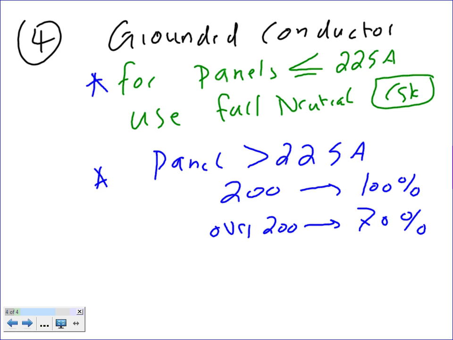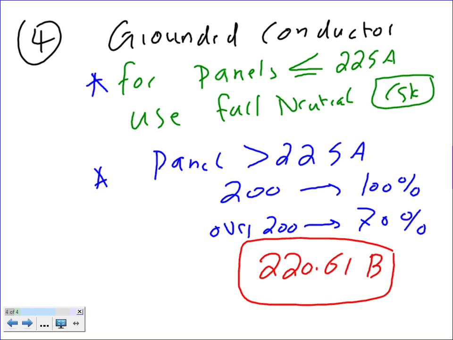I have to write the code: 220.61, and in particular permitted B. So this is what I would use, guys, without messing around trying to find what is the neutral load and what's not the neutral load. It's not worth doing the exercise.